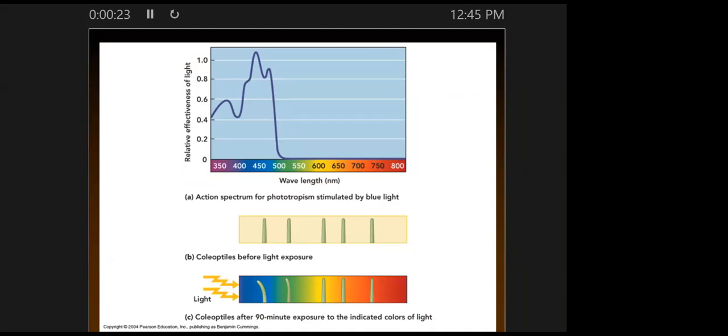I thought I saw another hand go up. Yes. But yeah, it has to do with, and we'll get into that topic pretty quickly, how the chlorophyll molecule is designed to absorb certain qualities of light for photosynthesis.